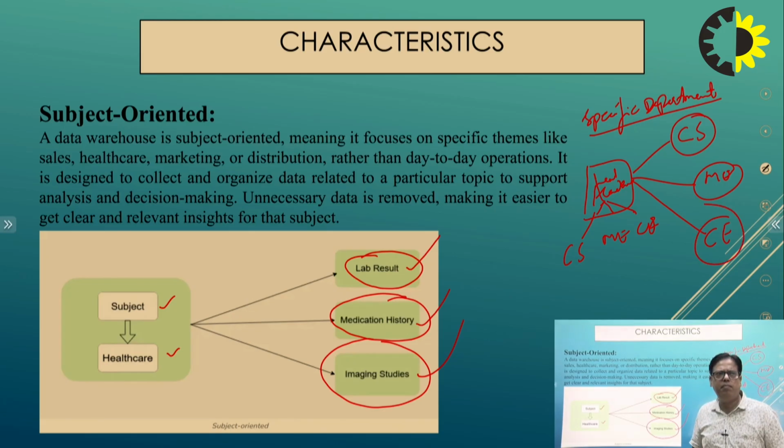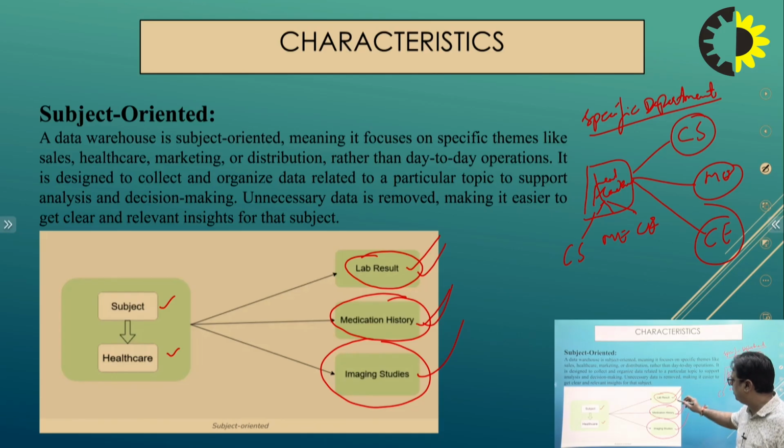So a data warehouse is subject oriented, meaning it focuses on specific themes like sales, healthcare, marketing, finance or distribution rather than day-to-day operations. Basically, it is designed to collect and organize data related to particular topics, subjects and departments, and it supports analysis and decision making.